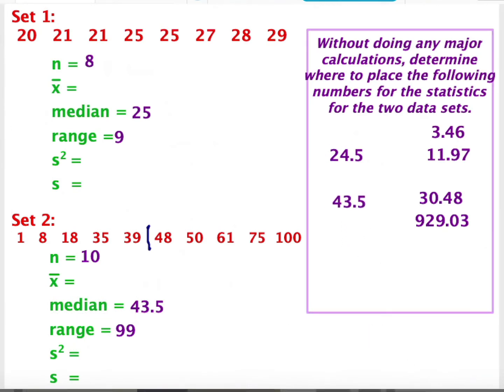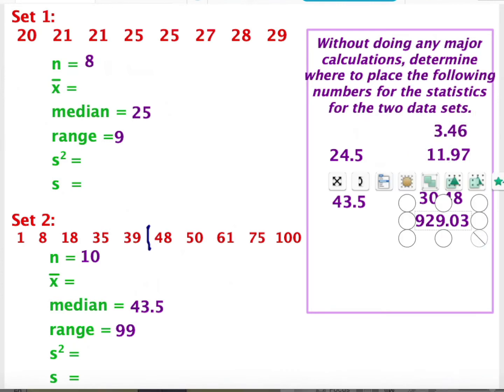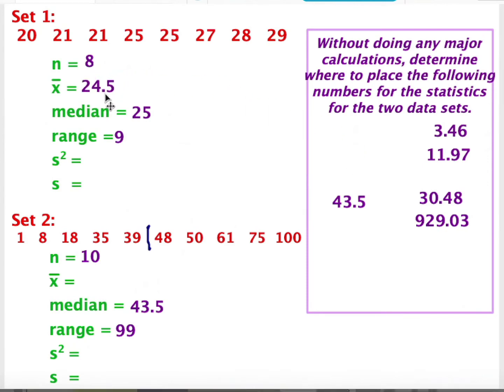So I think this is going to be an S squared versus an S, and here's another S squared versus an S. So X bar: do you think this is the average of the top, or the average of the bottom? I would say this one on the bottom. That would make sense for the average. And I say average, but I meant mean.